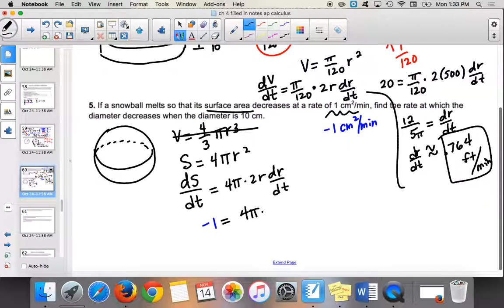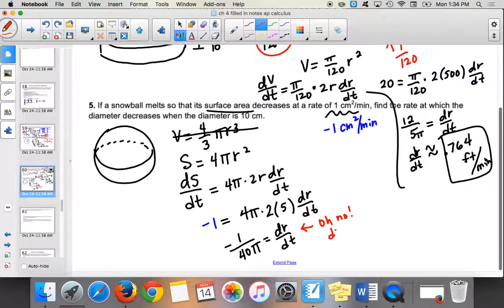And I have 4 pi, and if diameter is 10, the radius is 5. So we solve for dr over dt and get dr over dt equals -1 over 40 pi. And then we're like, oh no, dr over dt, not dd over dt.